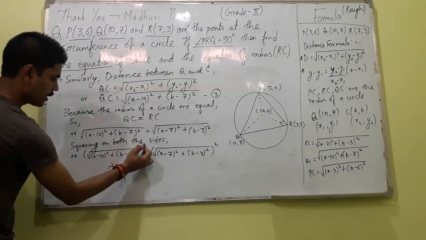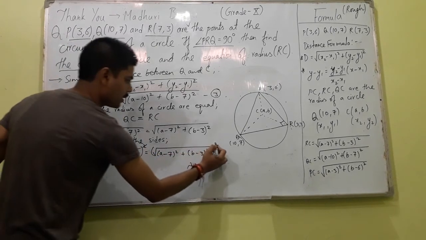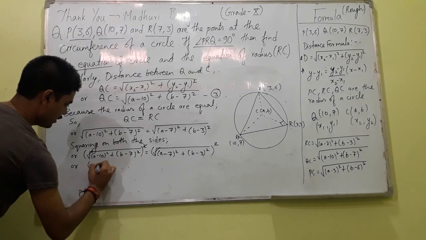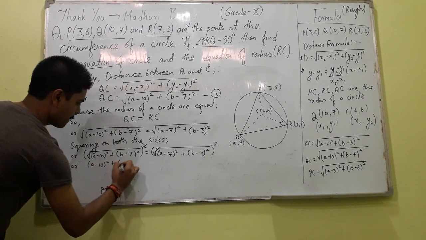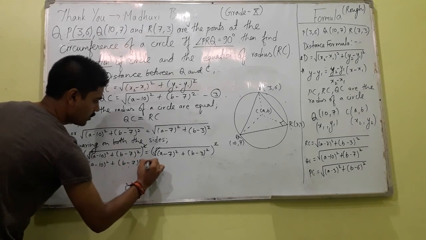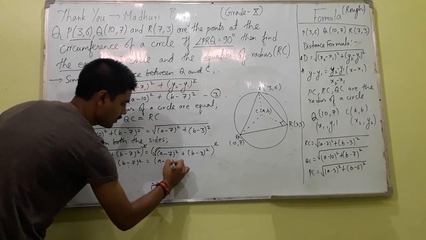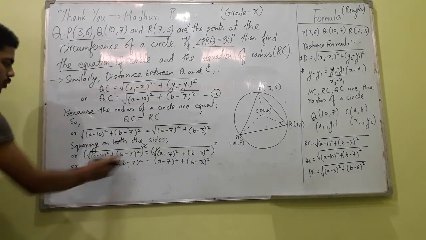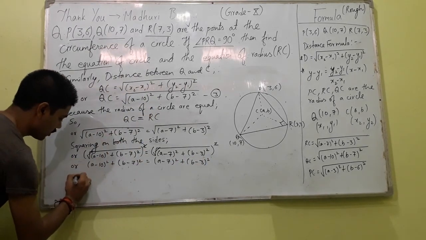By squaring you can remove the square root, then you get A minus 10 whole square plus B minus 7 whole square equals A minus 7 whole square plus B minus 3 whole square. Now you open the squares of all the terms.